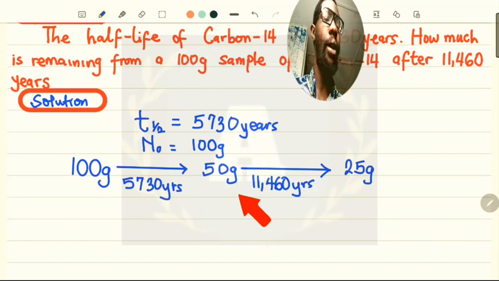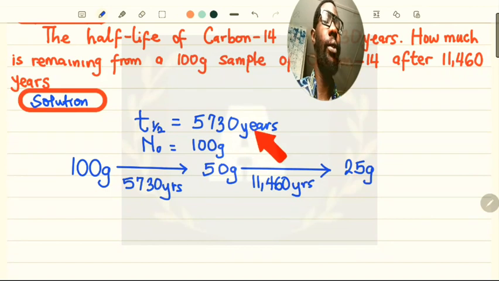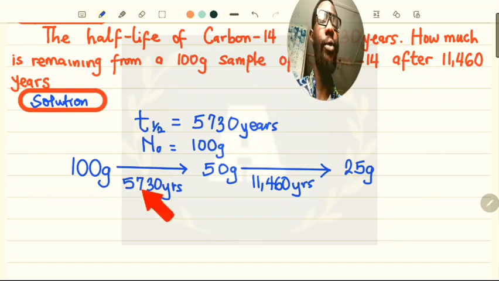So what does that mean? We already know the meaning of half-life. They said the half-life of the sample is 5,730 years. The initial mass was 100 gram, and the question is how much of these 100 gram will remain after 11,460 years? The initial mass of 100 gram has reduced to 50 after this year. So 50 will also reduce to 25 after we double this year.